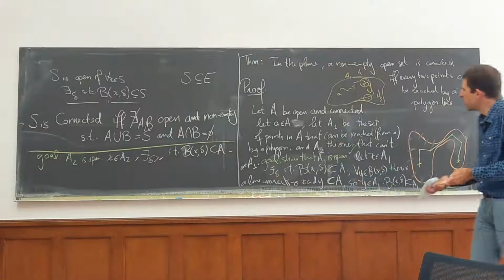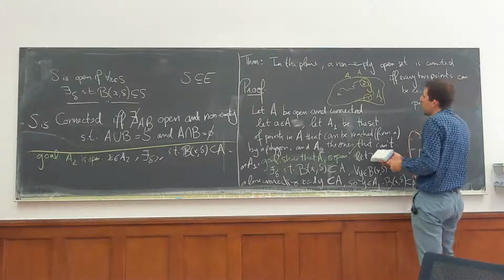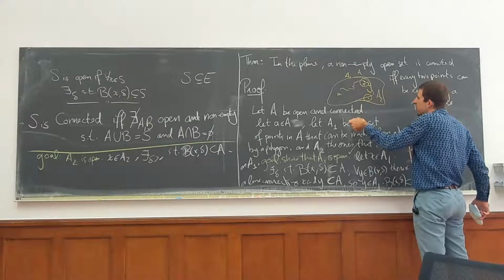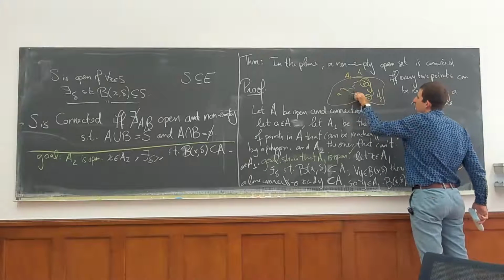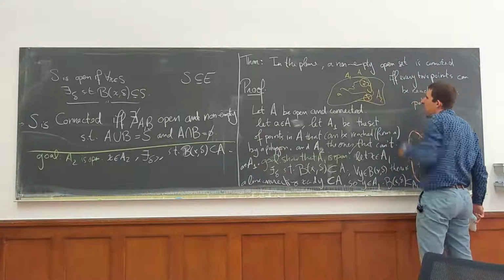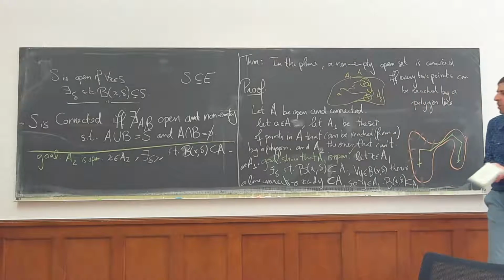The argument is that if in this ball you had a point that could be reached by a path from little a, then you could just extend the path to X, and that's a contradiction.